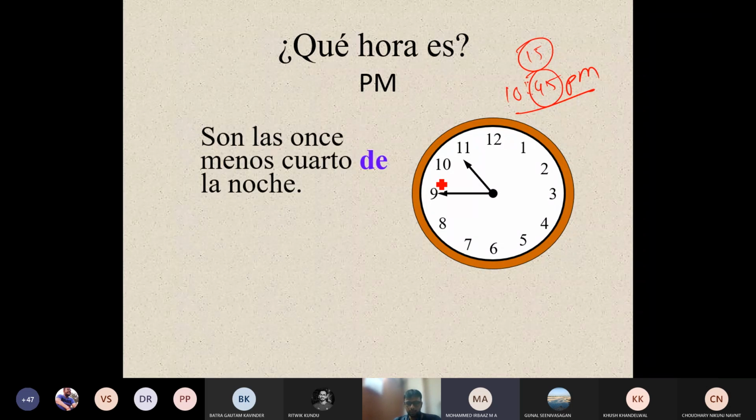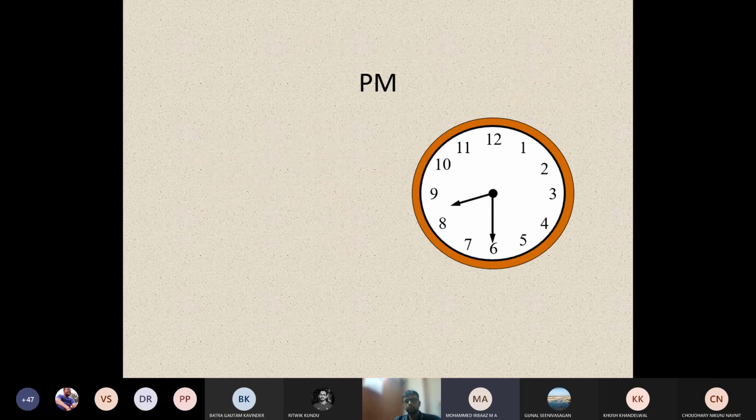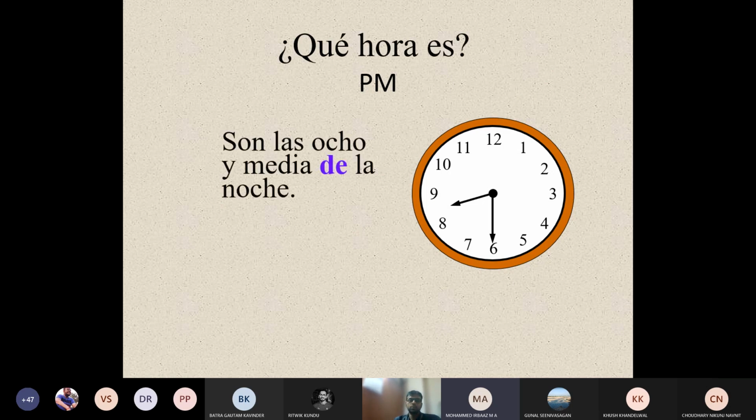The next hour for 10:45 is 11, so it is 11, and then menos, and for 15, as I told you, we are going to use cuarto, which is quarter, and then obviously de la noche. This is how we do it. Now 8:30 p.m. I'm considering the Indian context. It is Son las 8:30 de la noche.